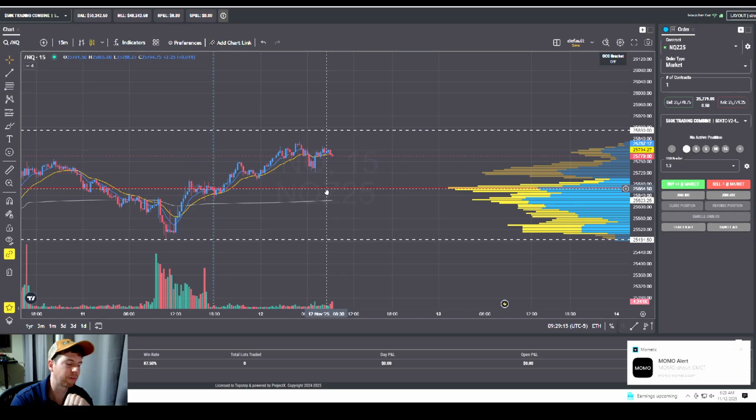I forget what they call this line, but it's basically the line where most of the volume sits within your time range. This is where most contracts have traded. I think it's TPO; I don't remember what that stands for.